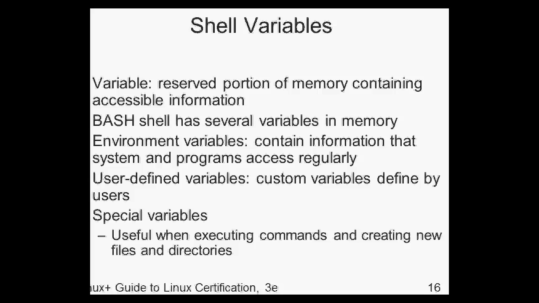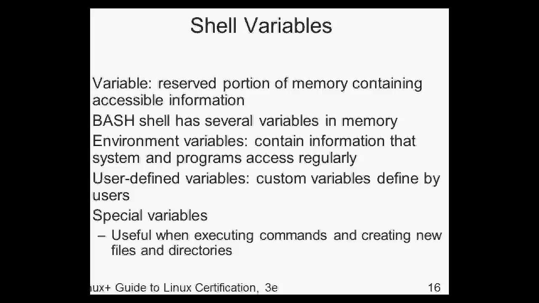A more easy to understand definition might be that a variable is a name that contains values that have been set. We say that the bash shell has several variables in memory that serve different purposes.